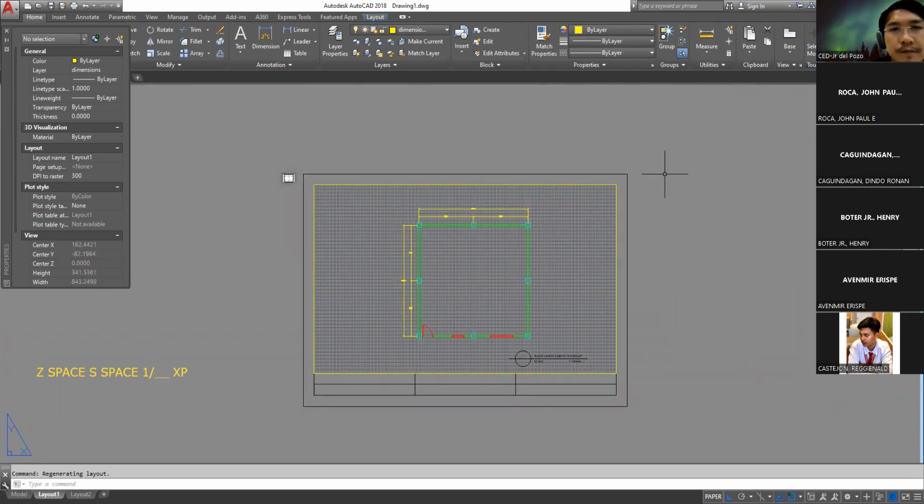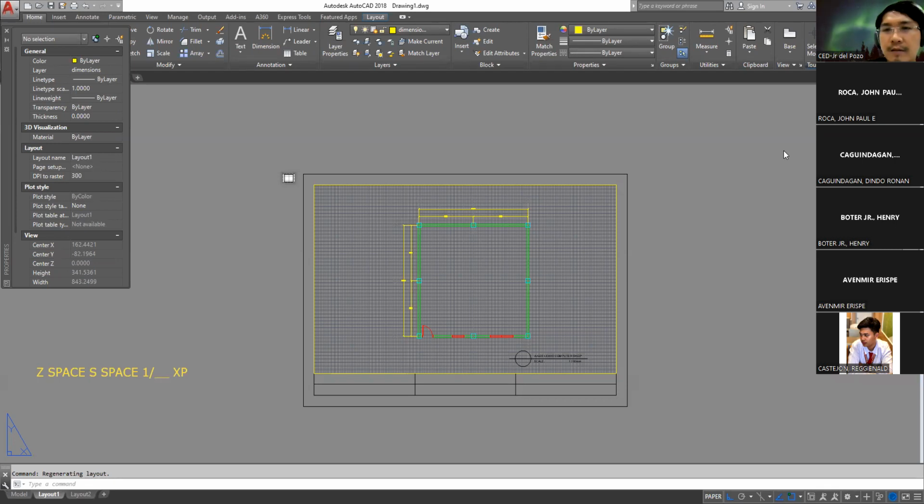Question sa scaling? Sir, pag nagkamali po ba yung estimator, hindi na rin masusunod yung floor plan?